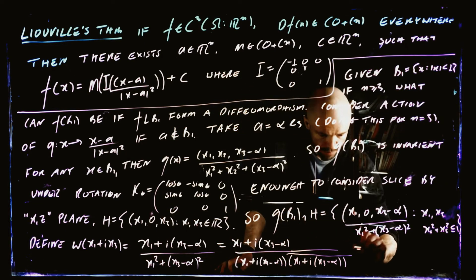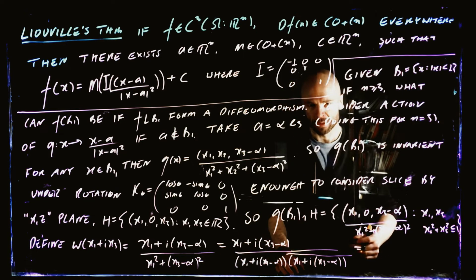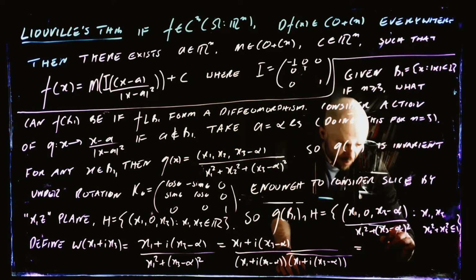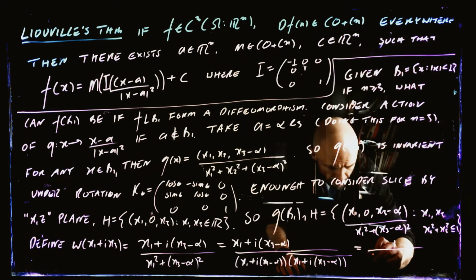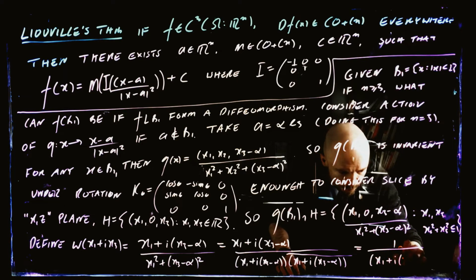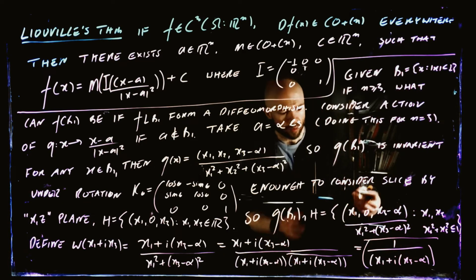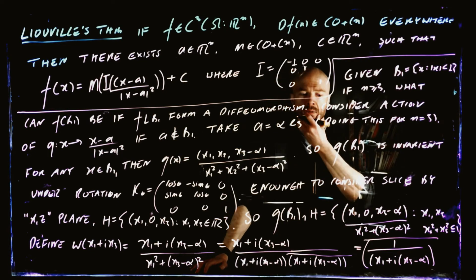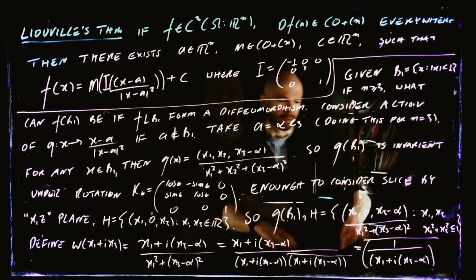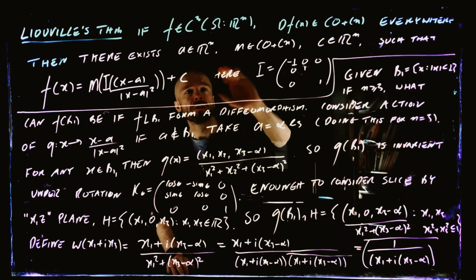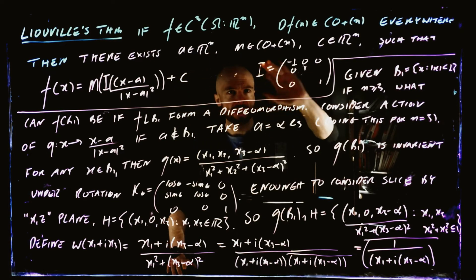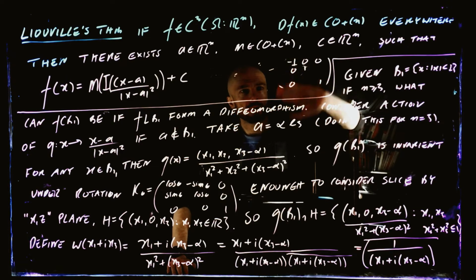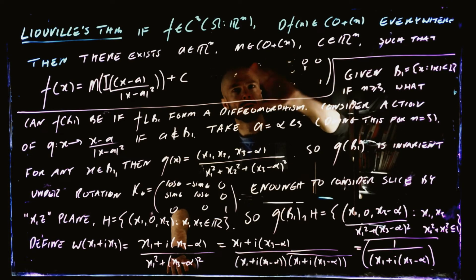So then this thing, where have you seen that kind of stuff before? It's the same as the complex conjugate of 1 over x1 plus I x3 minus alpha. What kind of mapping is that? Ignore the complex conjugate for the time being. Just look at the thing without the complex conjugate. What kind of mapping is it?